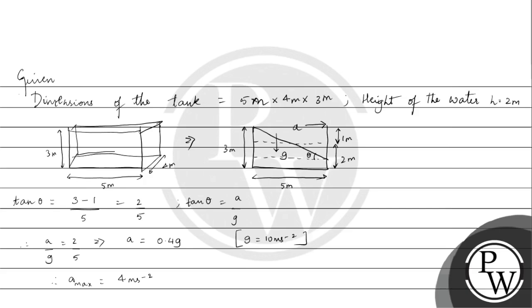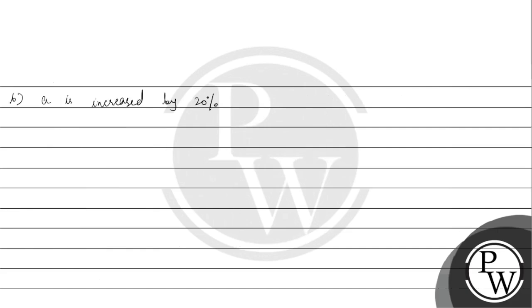So this is A. So let us say the new acceleration is A prime. So that will be A plus 20% of A, which will be 1.2 A.